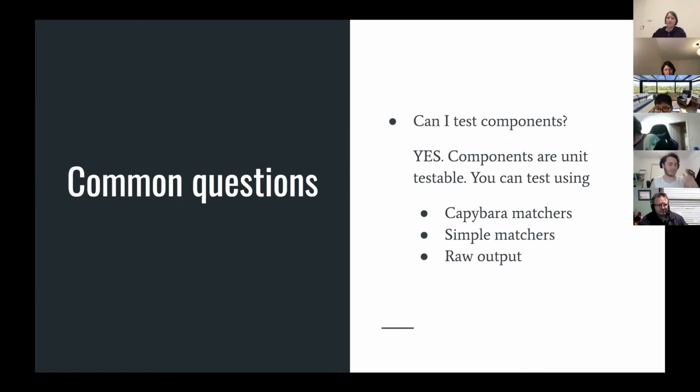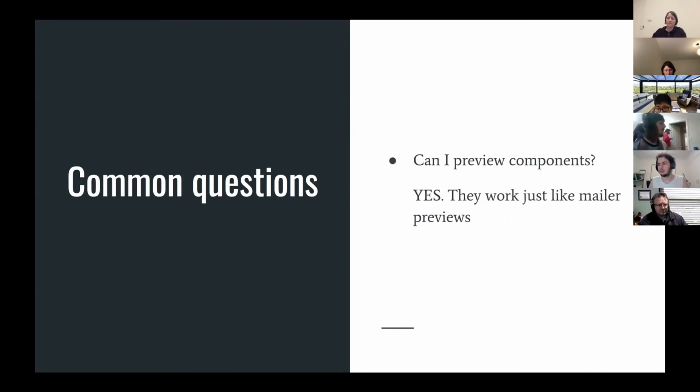You can test them using Capybara matchers, simple matchers, or just the raw HTML output if you want. Can I preview them? Yes, they work just like mailer previews. You can go to a specific URL within the Rails engine, and you can preview all of your components. There's even someone building a gem to make this work with Storybook.js for the people who like Storybook.